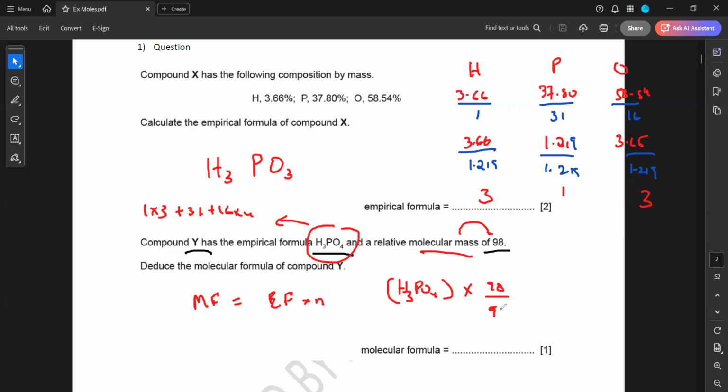So the empirical mass is also 98. So 98 divided by 98 is 1. When 1 is multiplied, it will be H3PO4. Because when the molecular mass and empirical mass are the same, the empirical formula and the molecular formula of a compound are also the same. So the molecular formula is also H3PO4.